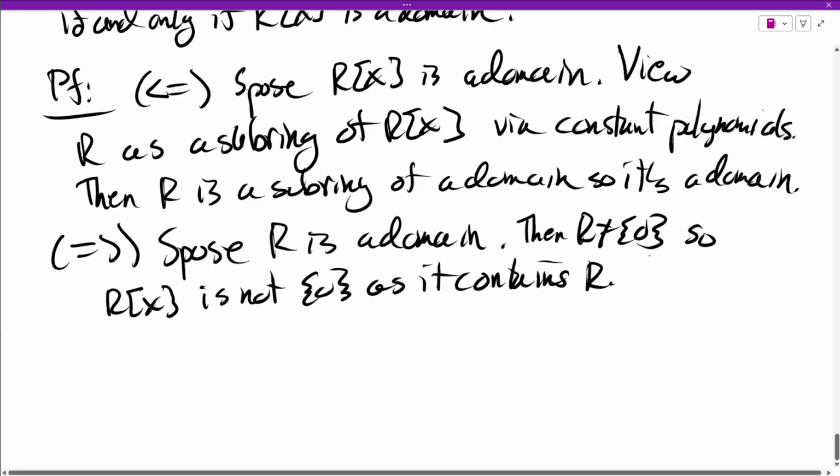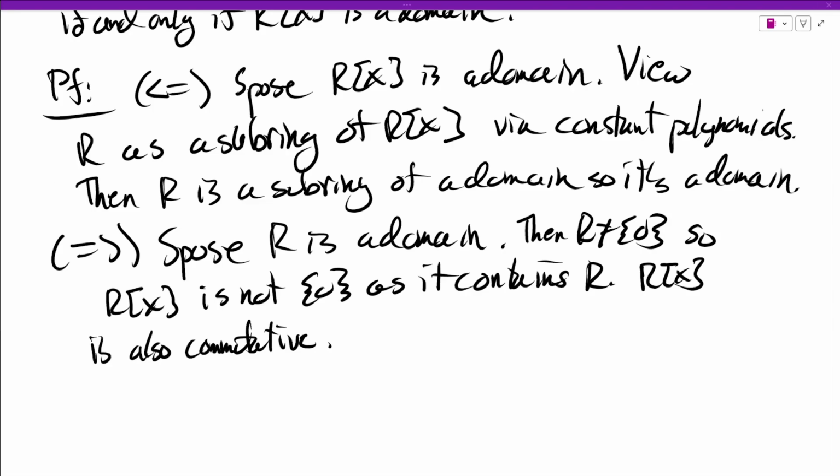And we saw already that being commutative is a property that passes on to the polynomial ring. So R adjoin X is also commutative. And so the only thing that we need to check is that R adjoin X does not have zero divisors.